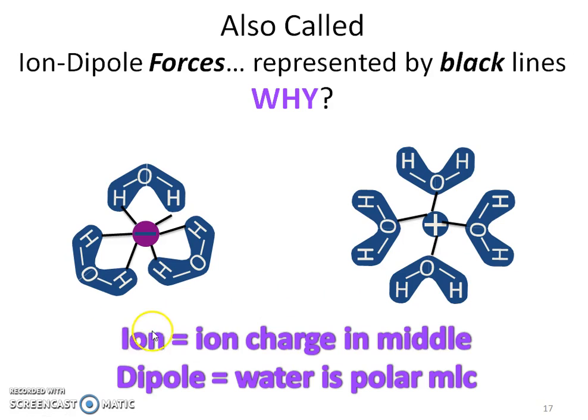We want to remember that the ion is that charge in the middle, and dipole means that we have a polar molecule. Water is a polar molecule, which means it has partially positive and partially negative ends, and that's why it's attracted to the negative here, and it's attracted to the positive here.